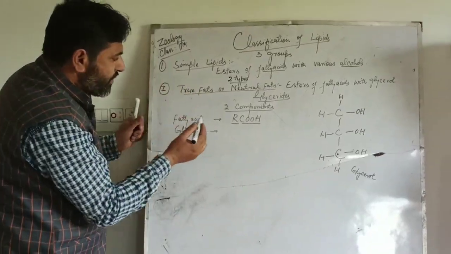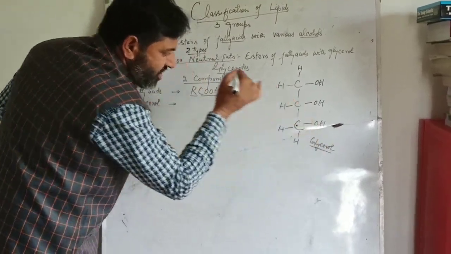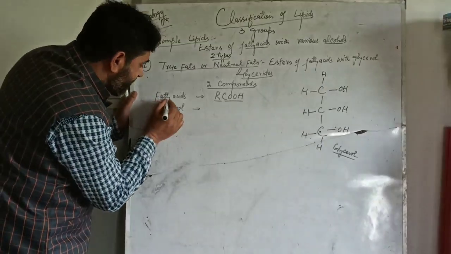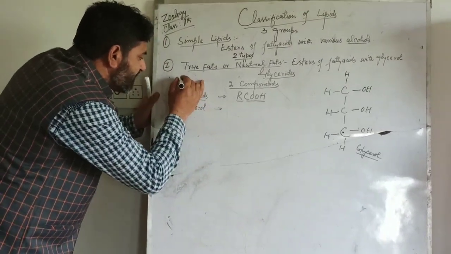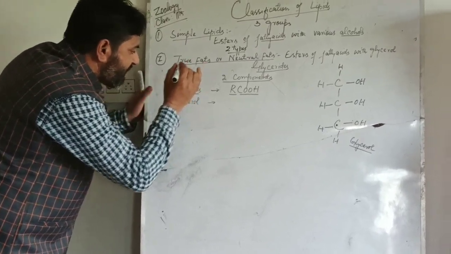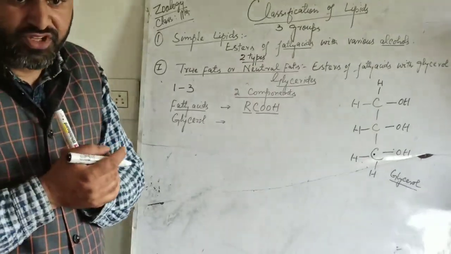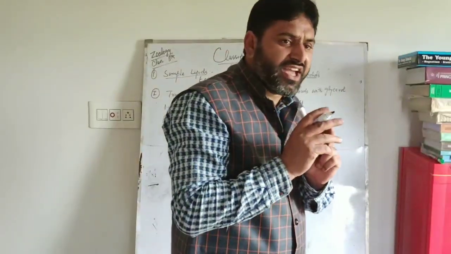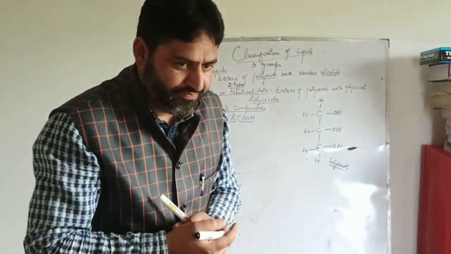Now this neutral fat is composed of glycerol and fatty acids. There may be 1 to 3 fatty acids present in the neutral fats. If there is 1 fatty acid and 1 glycerol, they are known as monoglycerides.